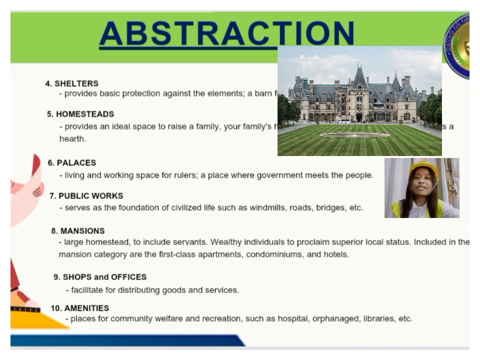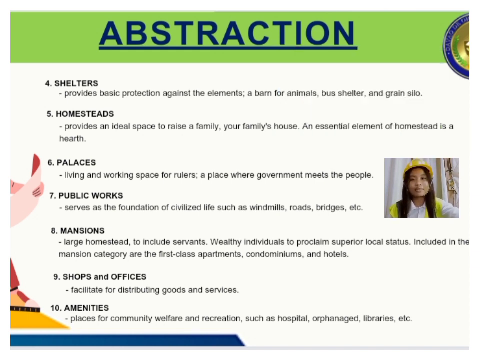A mansion is a large homestead that includes servants, for wealthy individuals to proclaim superior social status. One example of mansions is a Vanderbilt home in New York City or a large southern plantation. Included in the mansion category are the first apartments, condominiums, and hotels.